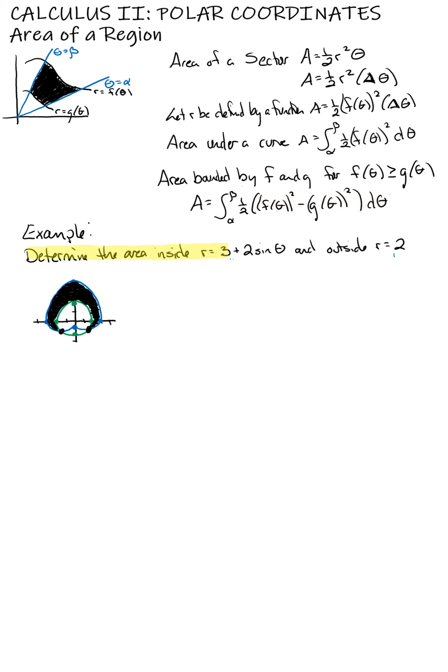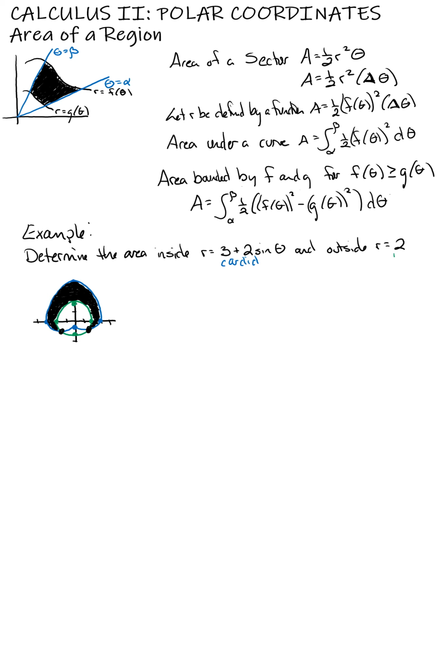Let's determine the area inside r equal to 3 plus 2 sine theta and outside r equal to 2. I've already taken the time to graph these. Notice that r equal to 3 plus 2 sine theta is that cardioid, graphed here in blue.